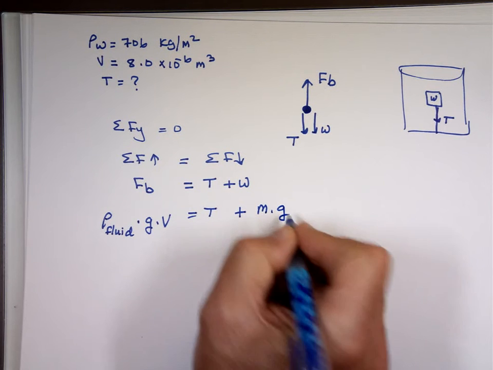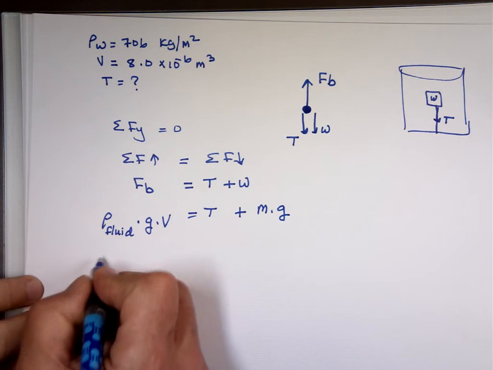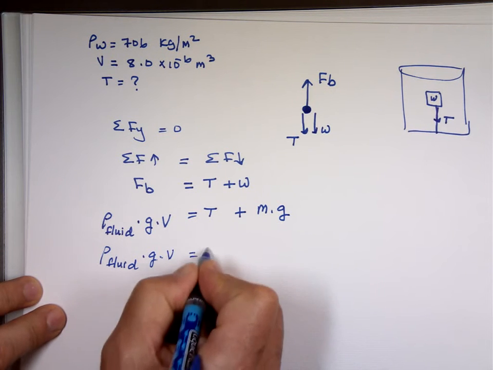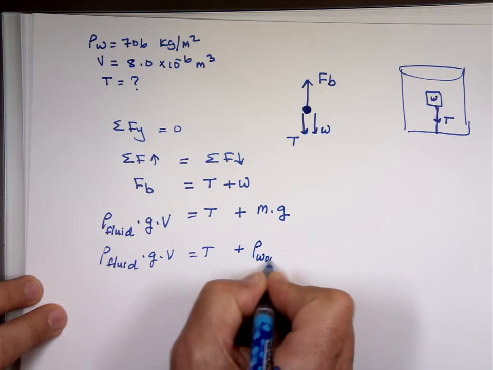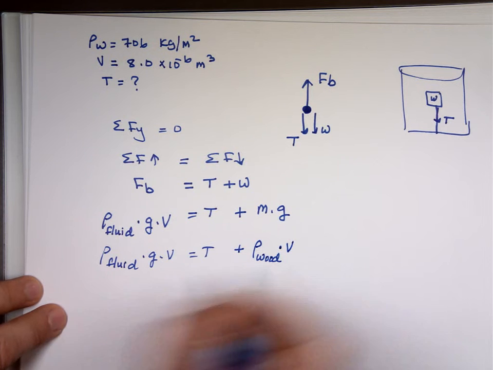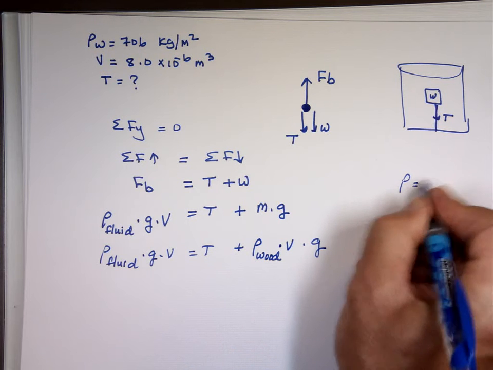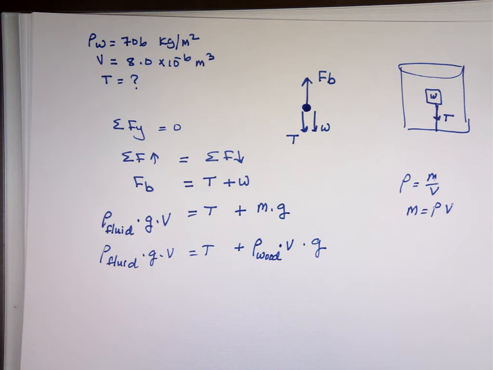The mass of the wood was not given to us. Well, what's the mass? Isn't that rho of the wood times the volume? Remember, rho equals mass over volume, which means mass equals rho times volume. So the mass of the wood is rho of the wood times the volume of the wood. Now we know everything.